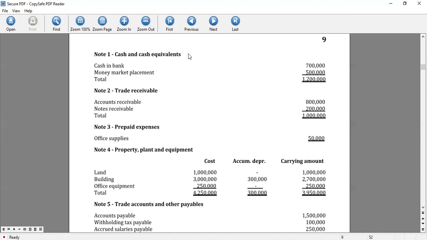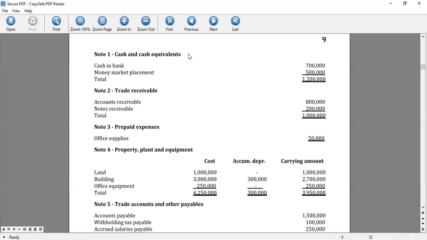And as stated, the building has a remaining life of 18 years on December 31, 2020. Meaning, the life of the building is 20 years from January 1, 2019. And as of December 31, 2020, its expired life is already 2 years.